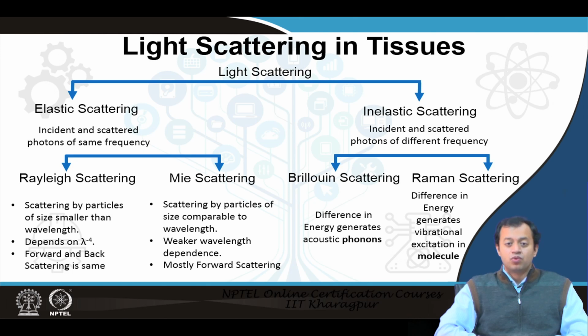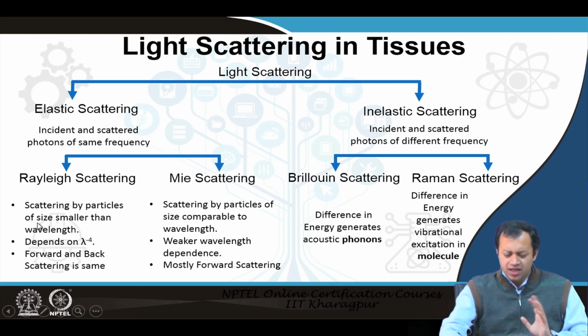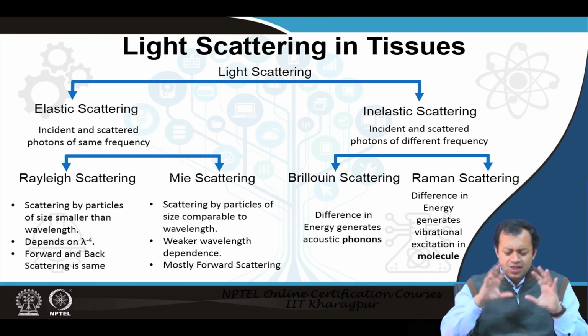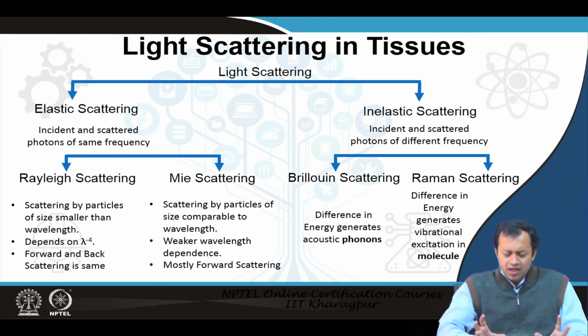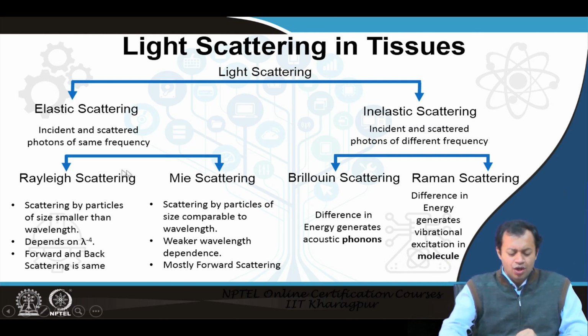Maybe I will be proved wrong in the near future, but overall it is Rayleigh scattering that affects tissues tremendously, along with a bit of all of these to a varying extent. Okay. This is the general type of scattering that happens, and when we particularly talk about tissues, it is this bit of all three.